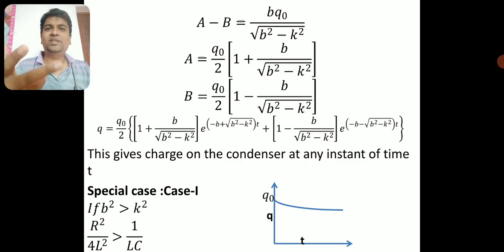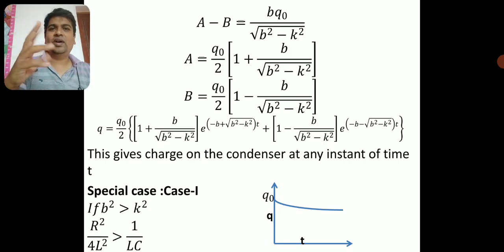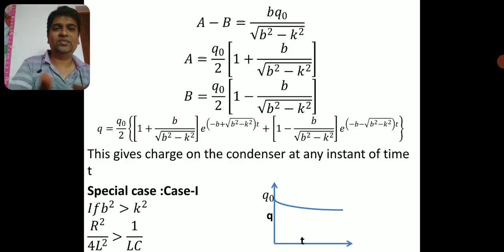This is the equation which I was trying to derive, because I am deriving the charge equation during discharging of the capacitor through L and R. I got this equation. So now there are no constants here. All constants have been evaluated and substituted, and I have substituted for a and b as well.